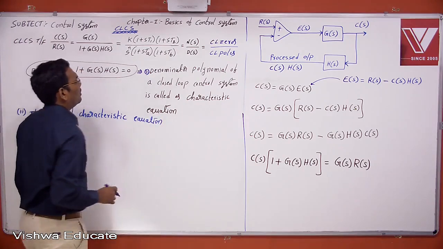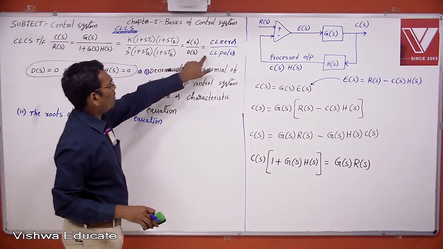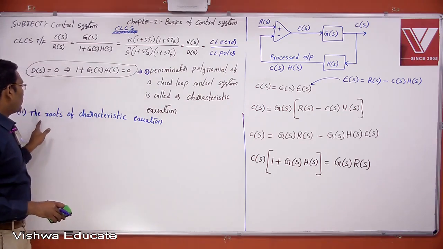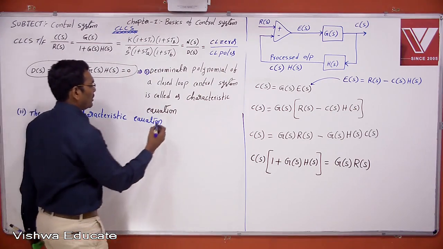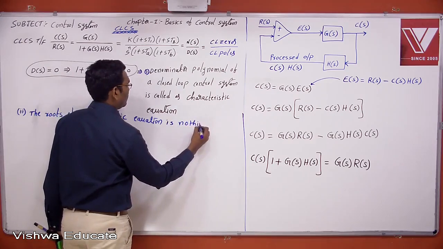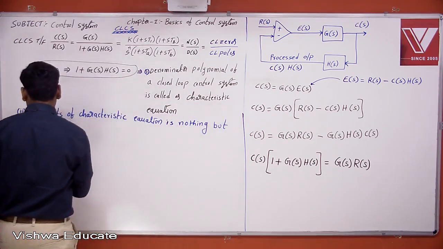What are the roots? This is the denominator polynomial. The denominator polynomial roots are called what? Closed loop poles. Therefore, the roots of the characteristic equation are nothing but closed loop poles.